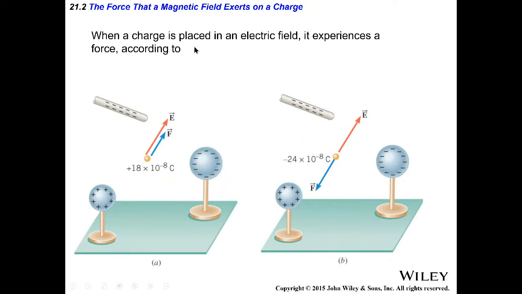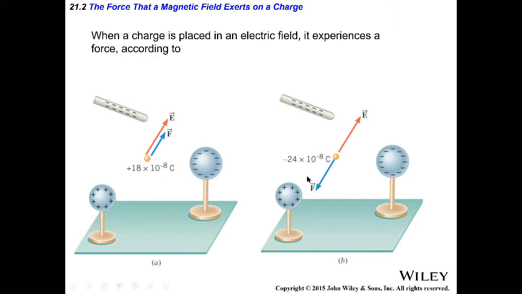Now, to compare with the electric field, we know, and I was just already doing it, that if I have two sources, one positive, one negative, this is a source of electric field away from it. If I have a charge which is positive, the force will be away.